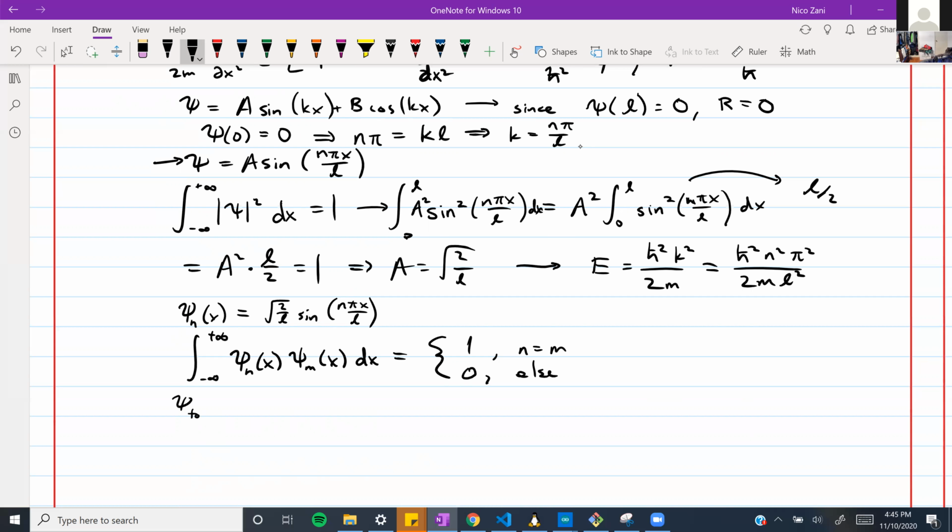So we know that psi overall of x is going to be equal to 1 over the square root of 2 times psi 1 of x plus 1 over the square root of 2 times psi 2 of x.